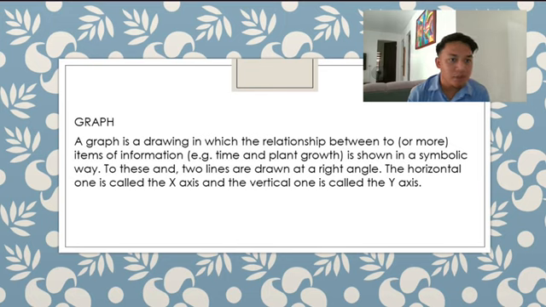The vertical line, called the y-axis, shows another kind of information, by plotting points on the grid. Like the X and Y on the map, a graph helps to see how two things are related. Do you understand, class?